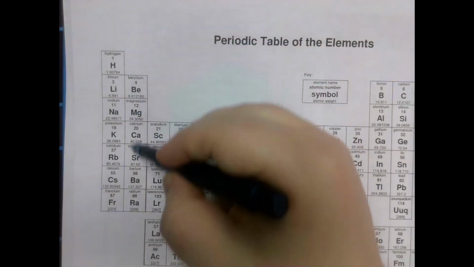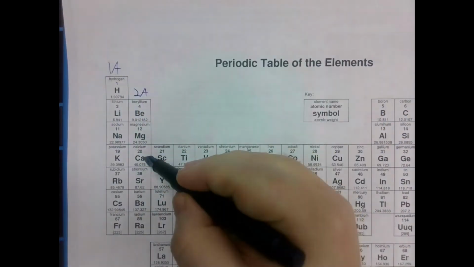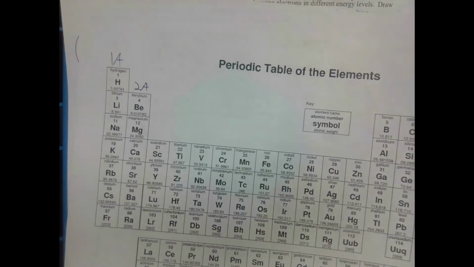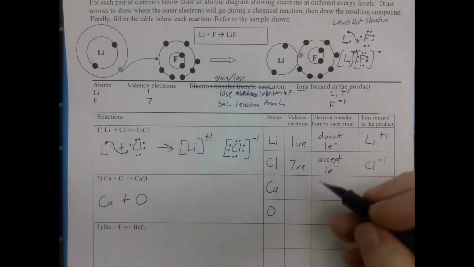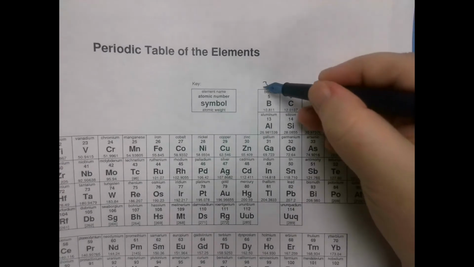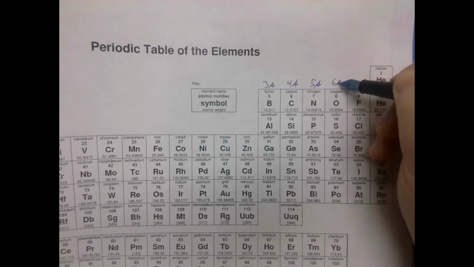It's in this column. So this is your 1A. This is your 2A. Calcium is right here. So it has 2 valence. How many does oxygen have? 6. So this is 3A, 4A, 5A, 6A. Oxygen has 6.